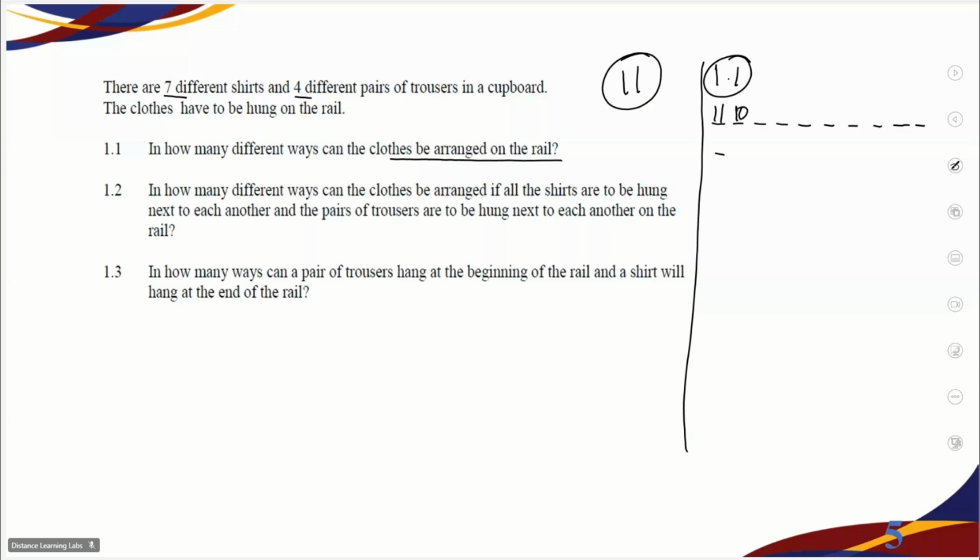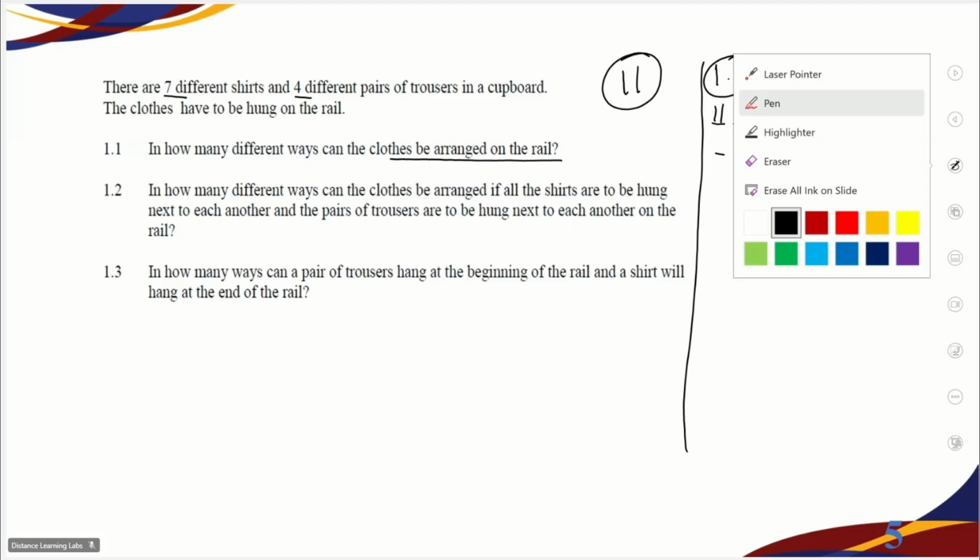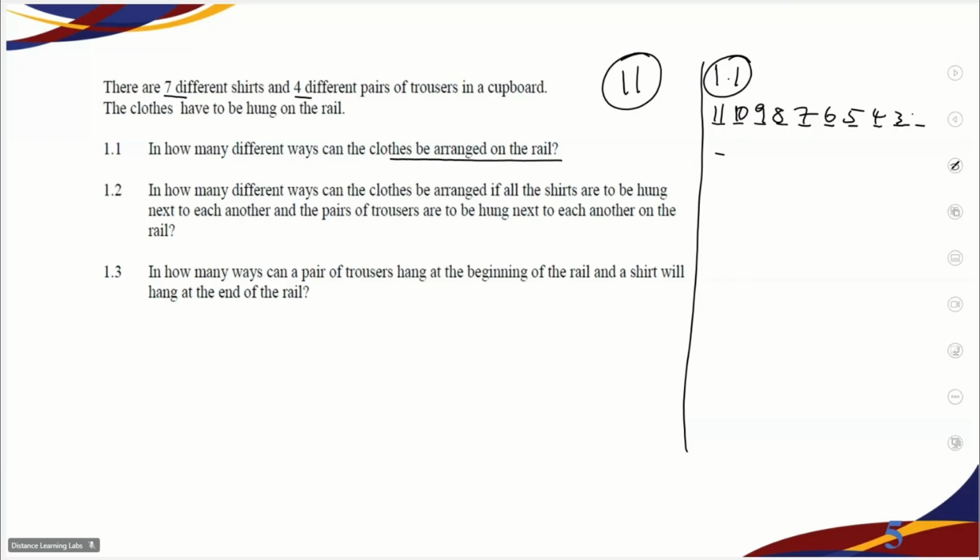One of the 10 occupies that, and it leaves us with 9 that would compete for the third position. This will descend: after 9, we'll have 8, 7, 6, 5, 4, 3, 2, and 1.